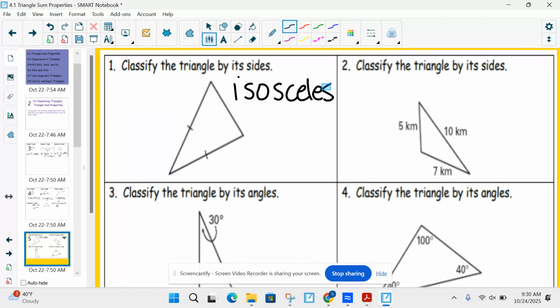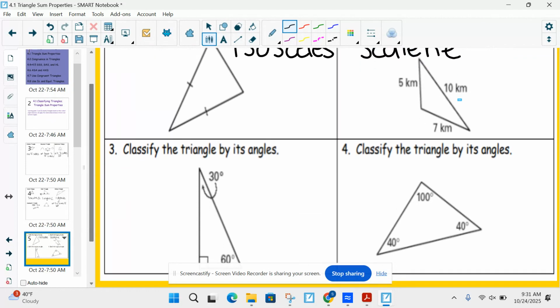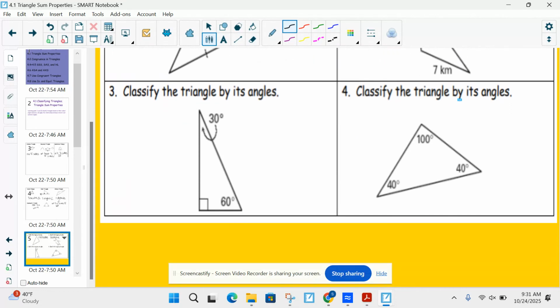Okay, number 2. What would number 2 be? Gavin? Yes. Number 3, classify it by its angles.